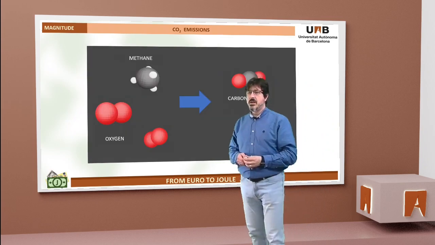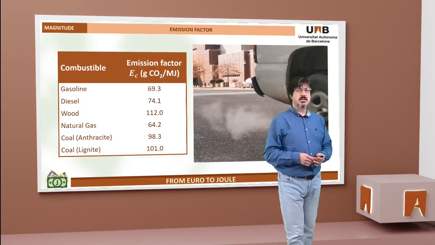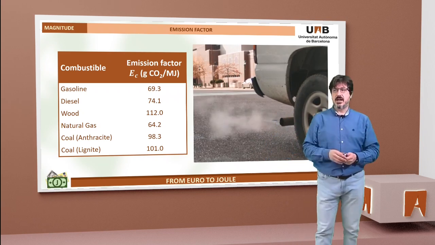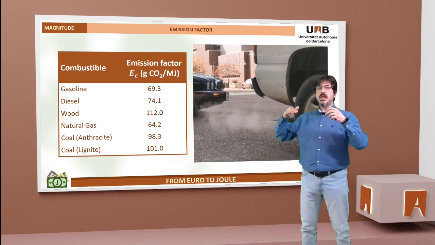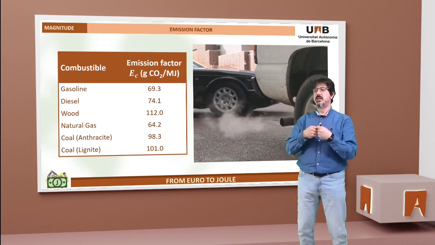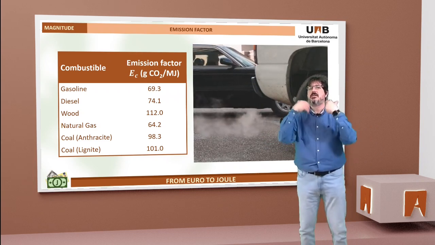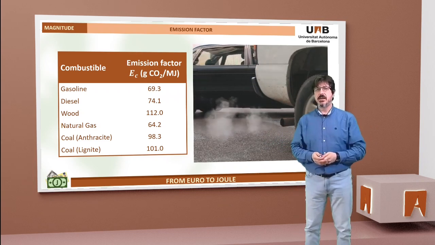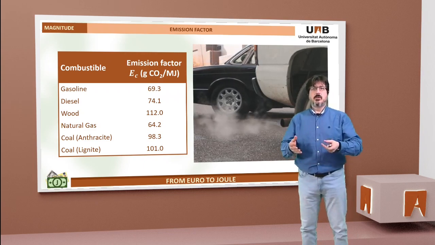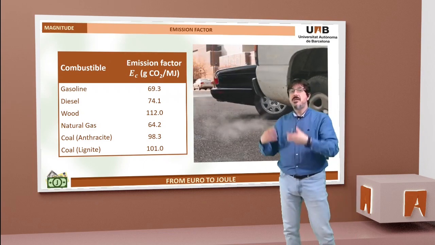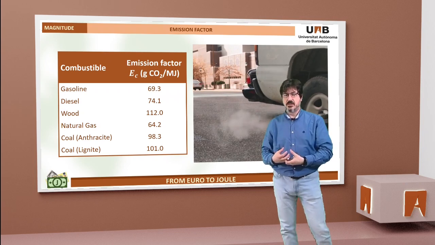We want to characterize the different rates of emissions of the different fuels, and the correct way to do it is by studying the emission factor. What does it mean? It means the amount of carbon dioxide that we get if we obtain 1 megajoule of energy.